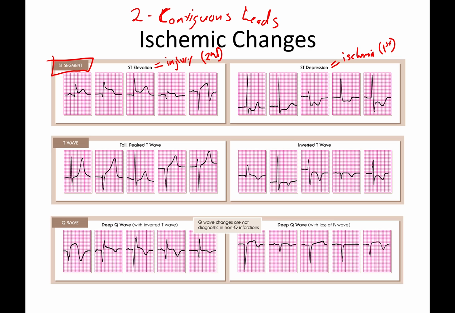And both of them are still reversible if you do things like get a stent thrown in them, things of that nature. What I want you to really focus on is just how the T wave can look with those different types of elevations that go on.